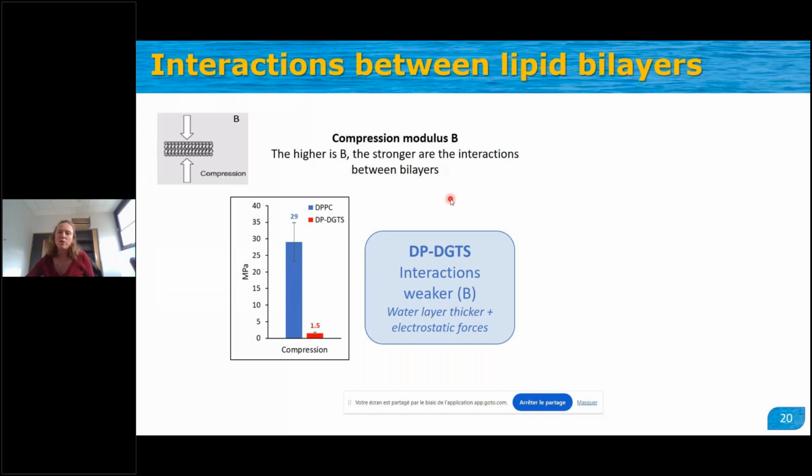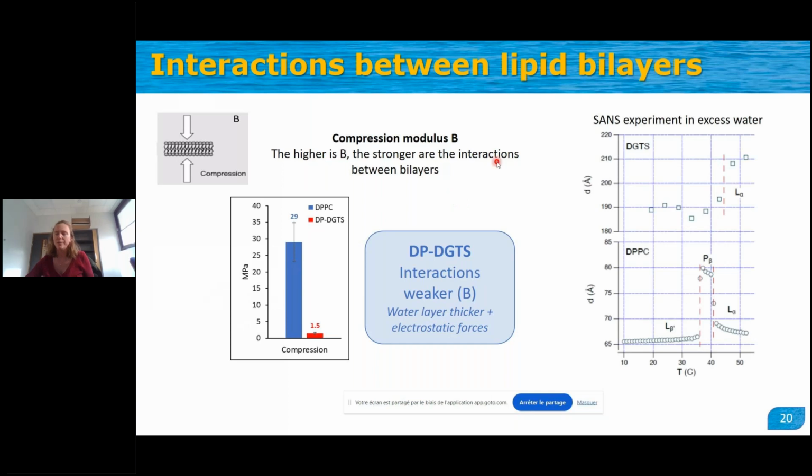We also measured by SANS, small angle neutron scattering, the size of the repeat domain of the bilayers. This distance you can see here is the sum of the bilayer thickness and the water layer thickness.